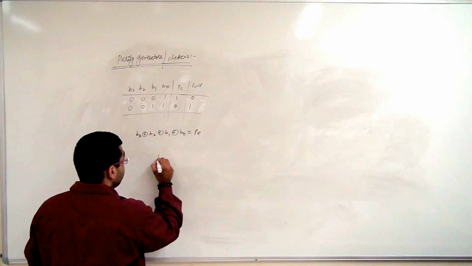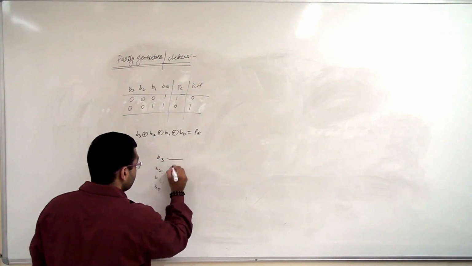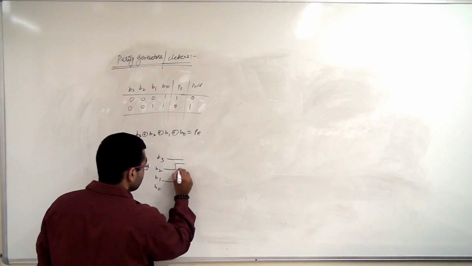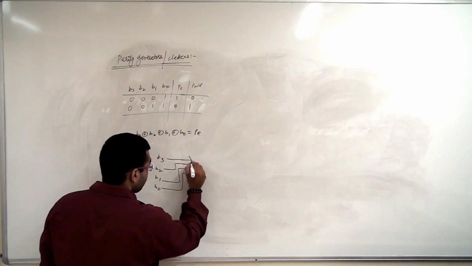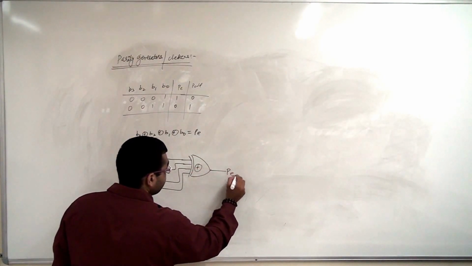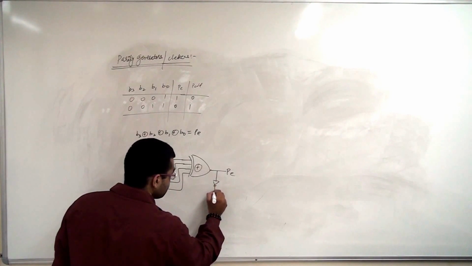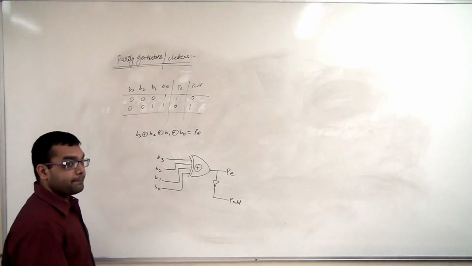So if we have B3, B2, B1 and B0, I XOR all these 4 and generate an even parity, and if I complement this, I get an odd parity. Alright.